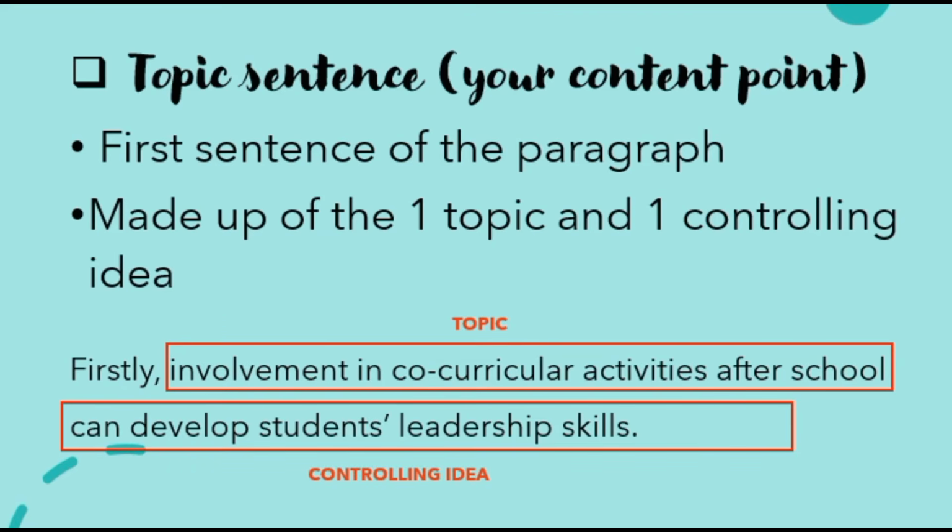So you're not going to talk about any other advantages like gaining more friends or improving self-confidence, for instance. The controlling idea here is it can develop students' leadership skills, and you will only write sentences related to this alone.